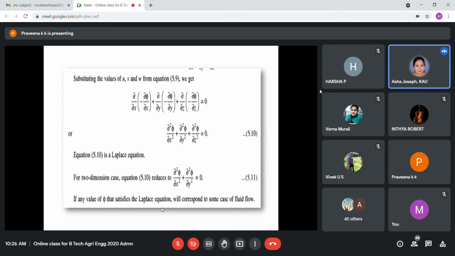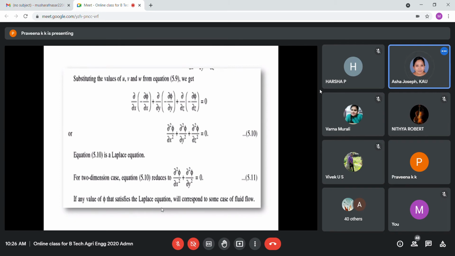That means flow can be represented either as a velocity potential function or a stream function.